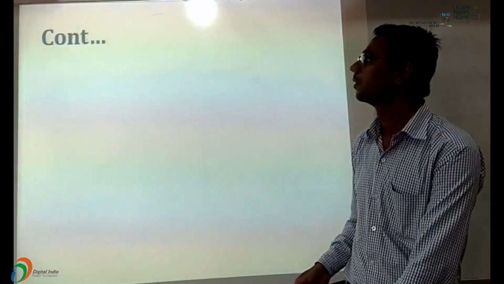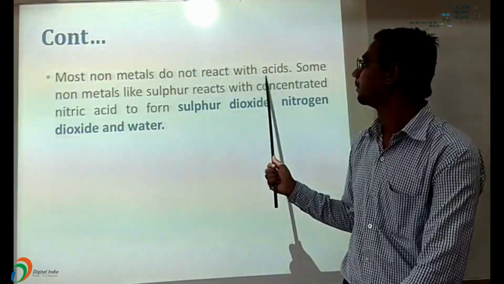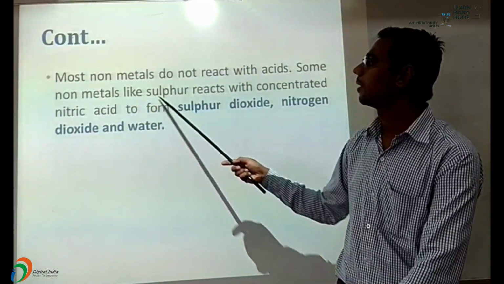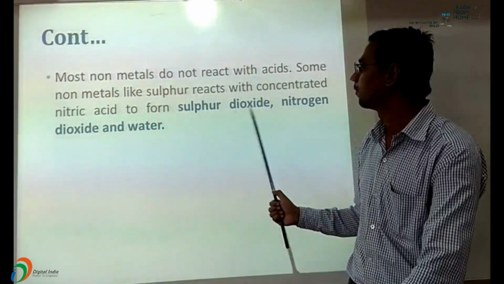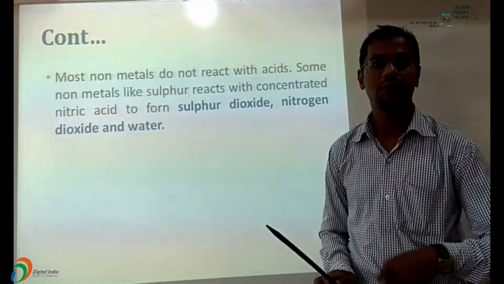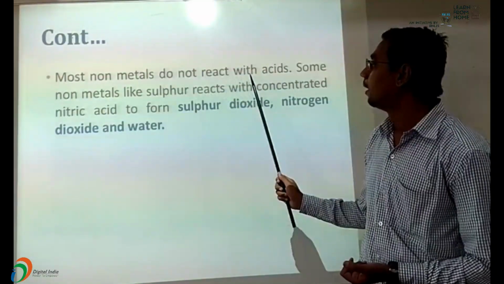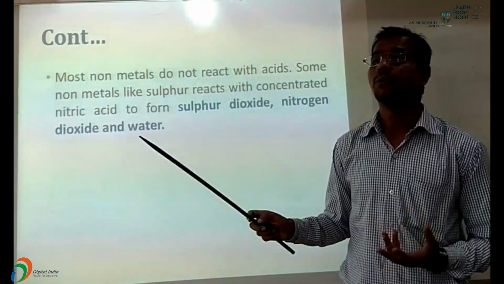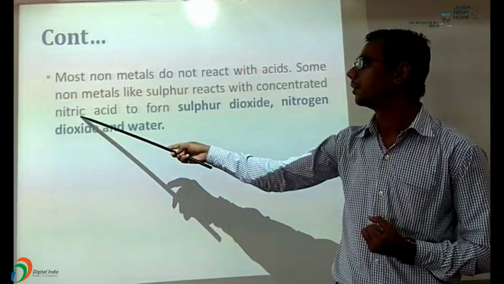Next, most non-metals do not react with acid. Some non-metals, like sulfur, react with concentrated nitric acid to form sulfur dioxide. Generally non-metals do not react with acid, but a few non-metals react with concentrated acid. Which concentrated acid? Very strong nitric acid.